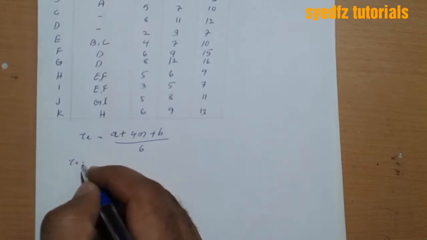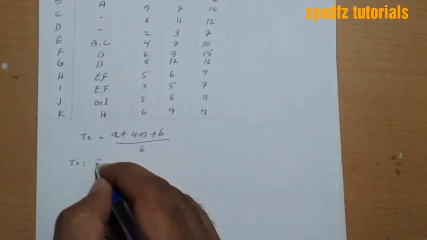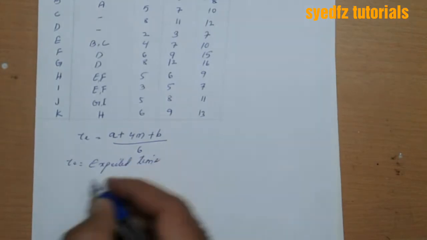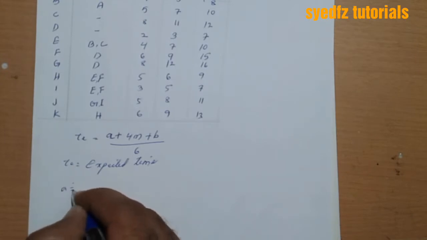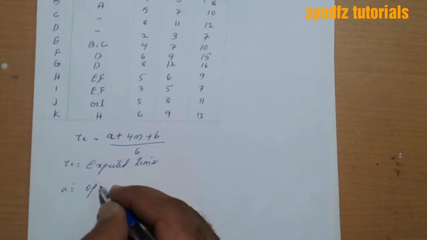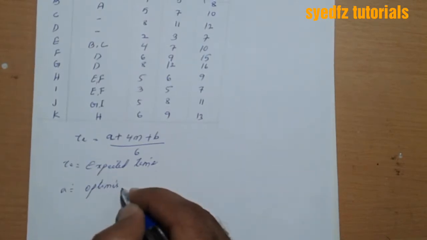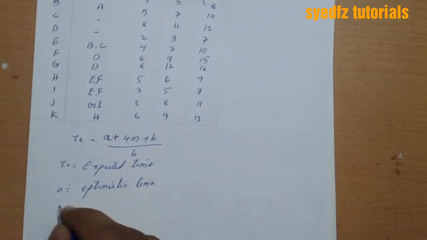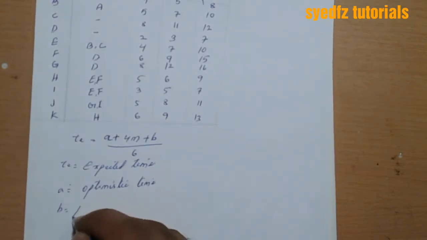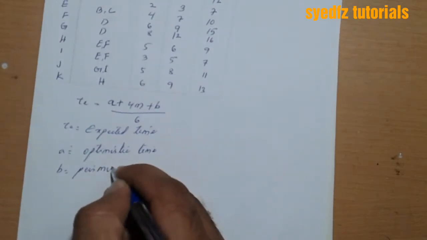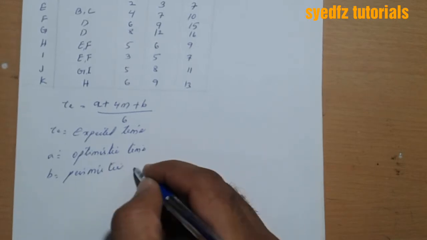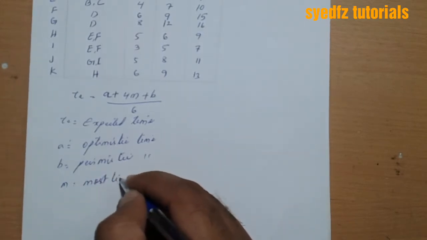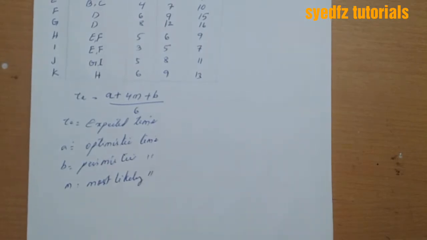TE is the expected time, whereas A is the optimistic time, B is the pessimistic time, and M is the most likely time.